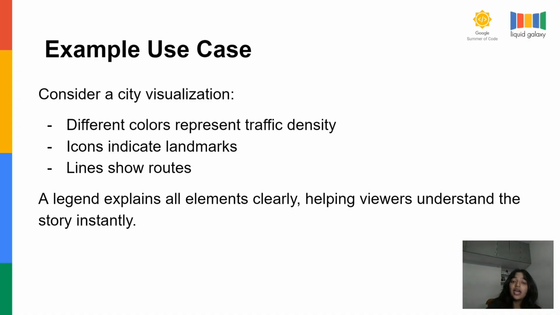With a legend, everything becomes structured. Users immediately understand red roads as congested, green roads as smooth traffic, blue icons as metro stations. Legends convert raw visual signals into narrative storytelling.